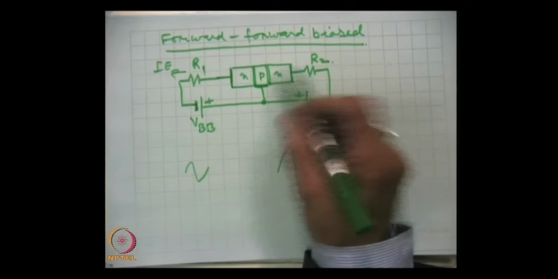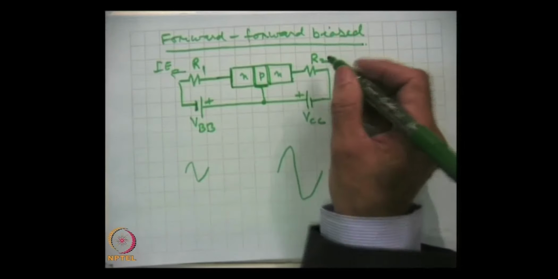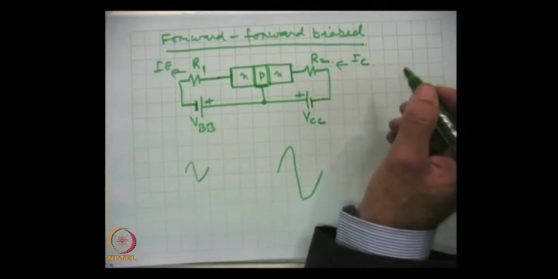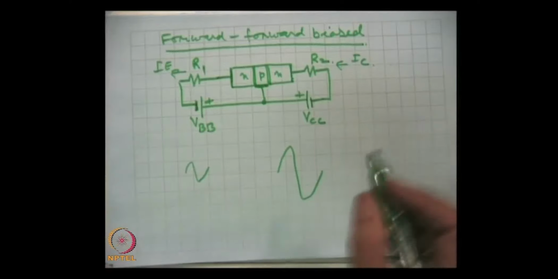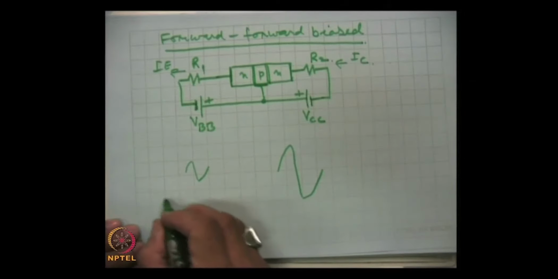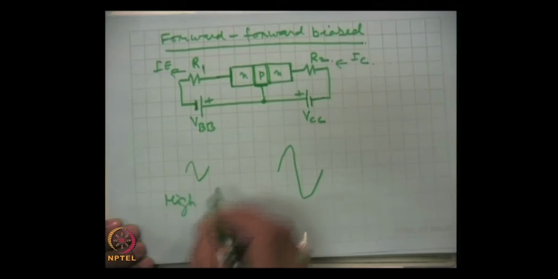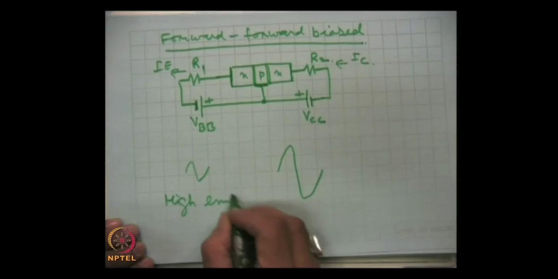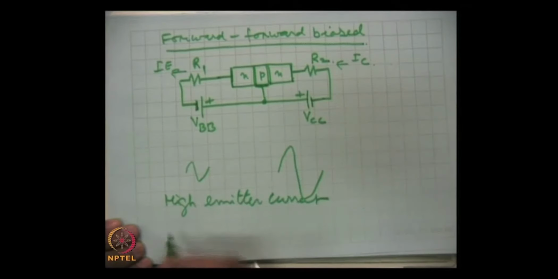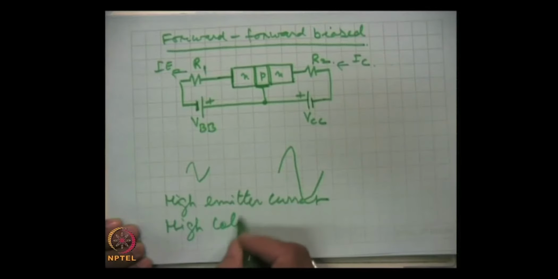So, heavy current will flow. So, this will be a heavy IC. So, what we get in this forward bias is high emitter current and high collector current.